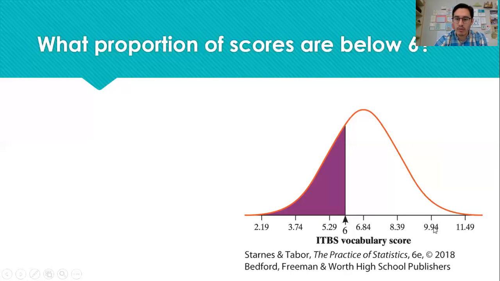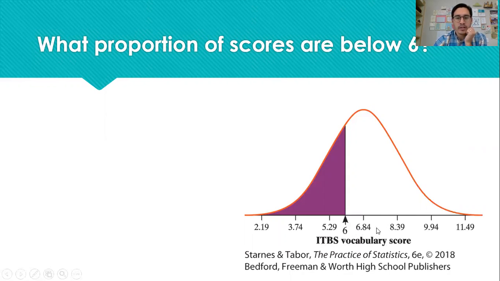We have a normal distribution which shows ITBS vocabulary scores. We can see that the mean is 6.84, and one standard deviation is whatever this increment is between these two tick marks.